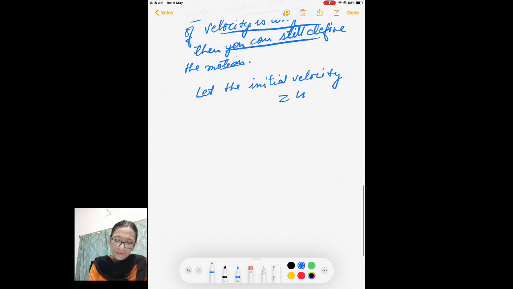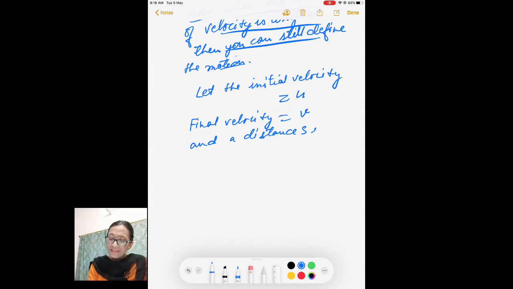So finally the final velocity is equal to v, and a distance s is traveled in this time t.